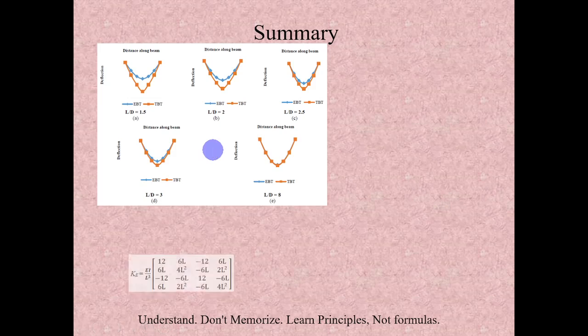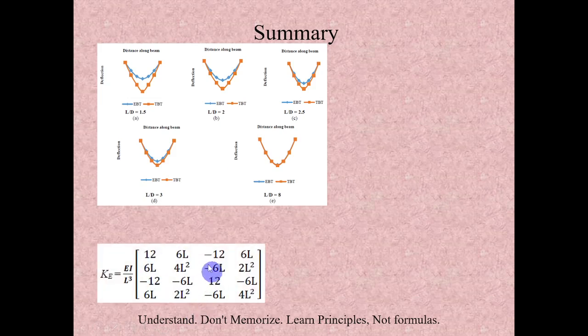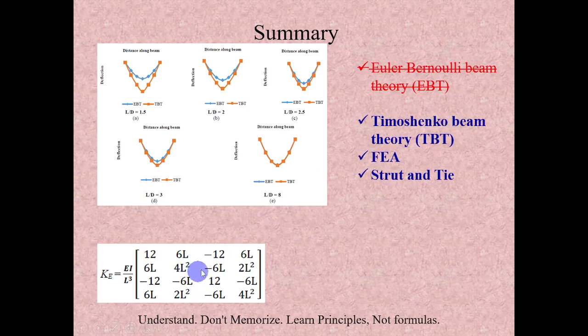This is the stiffness matrix of the Euler Bernoulli beam theory, which is applicable only for shallow beams. In the case of a deep beam, but not all deep beams, when the plane cross section remains plane even after bending but does not maintain 90 degrees with the neutral axis, in those cases we can go with Timoshenko beam theory.